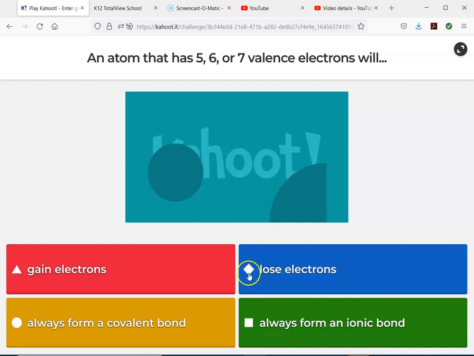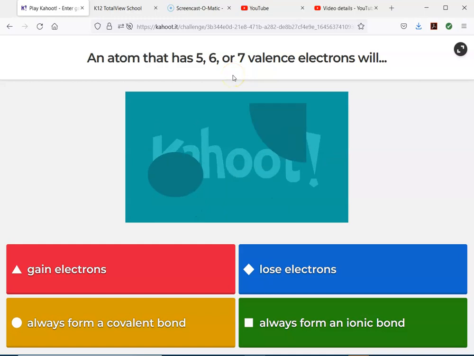Alrighty, number 5, an atom that has 5, 6, or 7 valence electrons will gain electrons, lose electrons, always form a covalent bond, or always form an ionic bond. Well, keep in mind that every time an electron is moved from one atom to another atom, energy is required. It takes energy to do that. So if they already have 5, 6, or 7, then they only need 3 or 2 or 1 more.